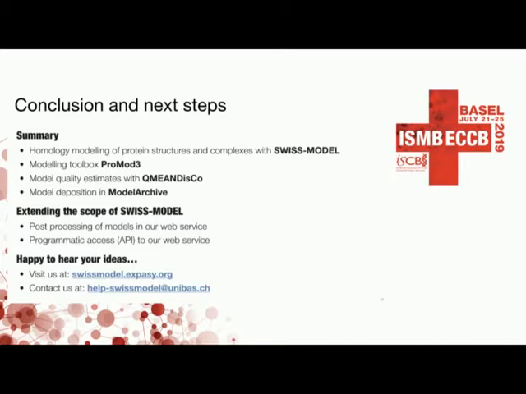This seems to be changing, so this might come back in the future. But at the moment, for cases where there's no template information, we usually tell people to use Robetta, I-TASSER, or any of the usual candidates.